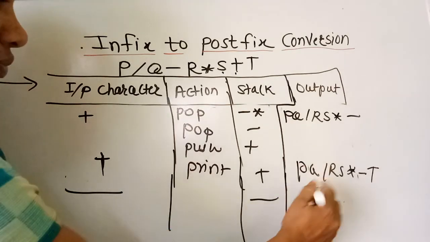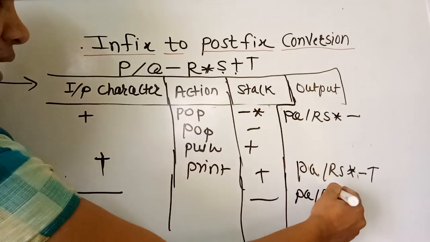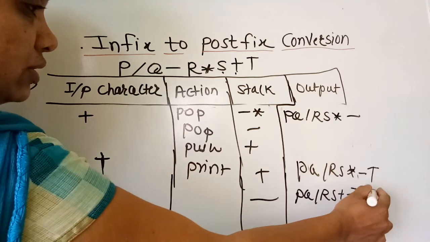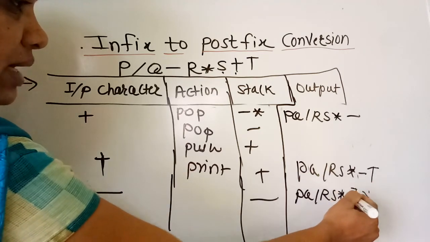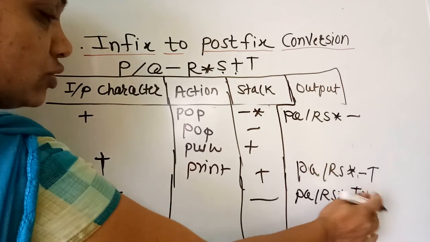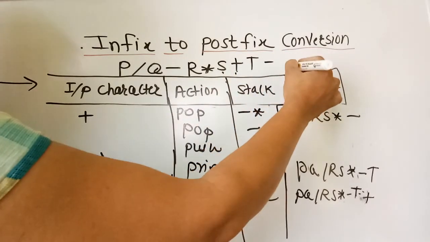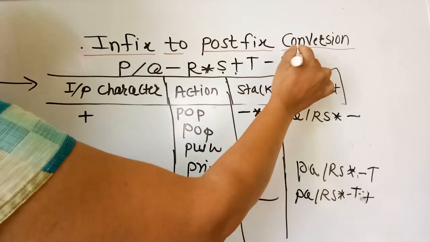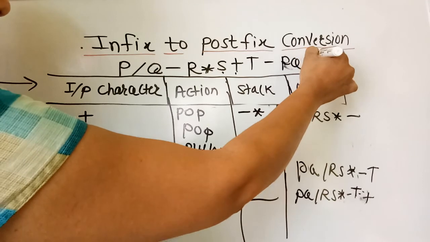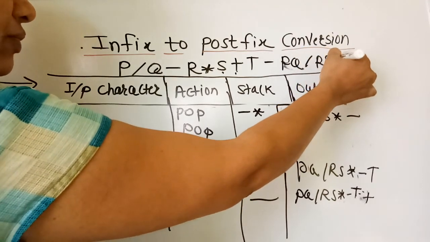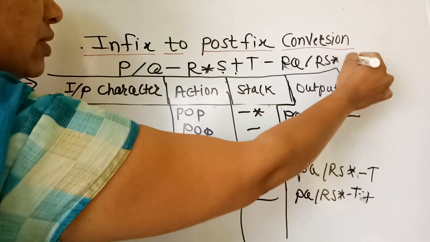So the output expression for the input string P divided by Q minus R into S plus T, and the postfix expression, is PQ divide RS star minus T plus.